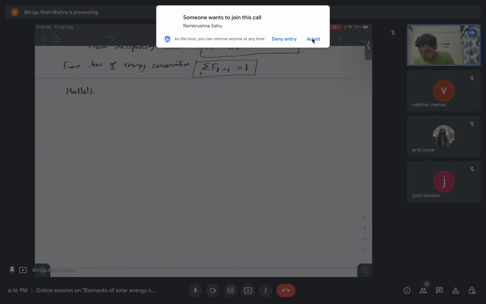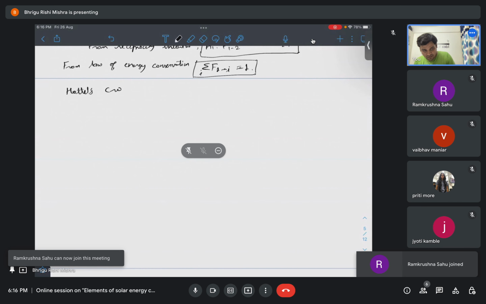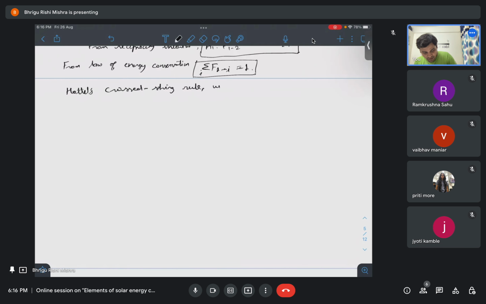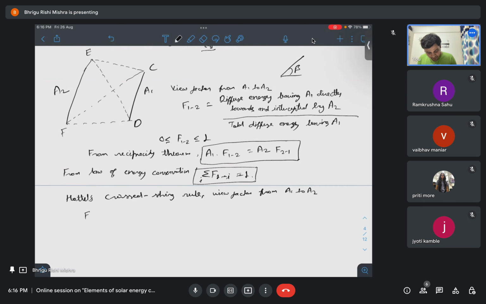So from Hottel's crossed string rule, the view factor from A1 to A2, F12, is the sum of the two diagonals, that is CF plus DE, minus the distance between A1 and A2 in both the corners, that is minus CE minus DF, divided by 2 times the height of A1, and similarly we can also derive F21.